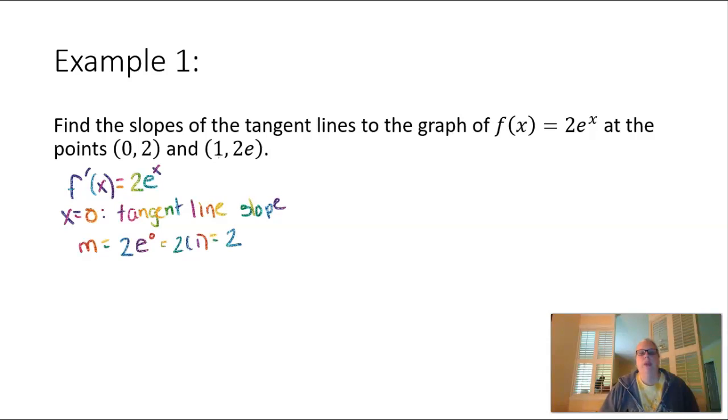And then when x is equal to 1, we'll find the slope of the tangent line. m will be equal to 2 times e to the power of 1, which is just 2e.